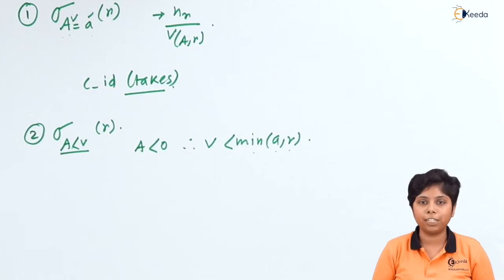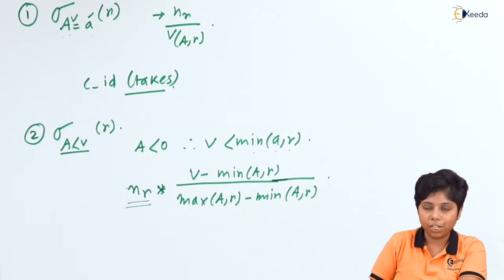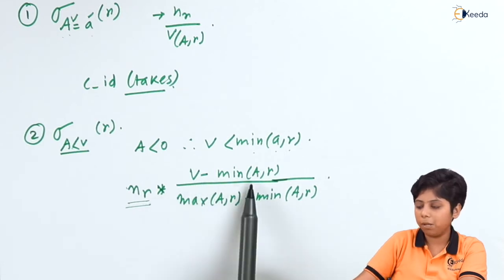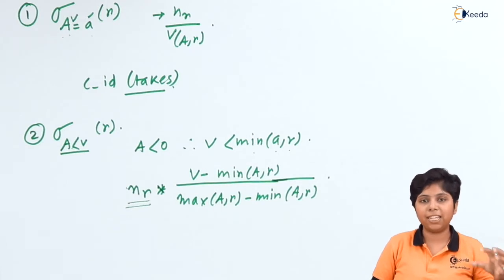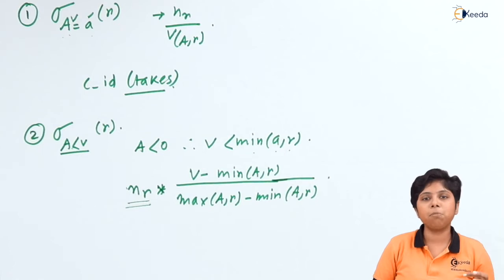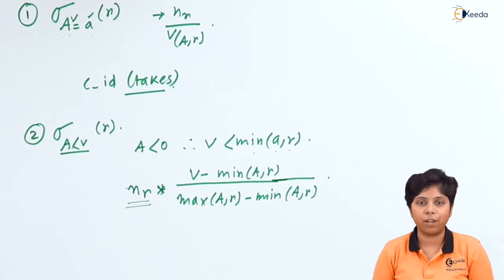It can be calculated as the number of tuples in the relation, n_r, multiplied by (V minus the minimum of A in R), divided by (the maximum minus the minimum). Suppose the attribute A is salary, we are finding on a 75,000 range and the minimum is 50,000. So we can have the range of the salary between 50,000 to 75,000.